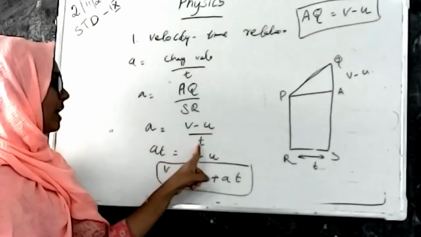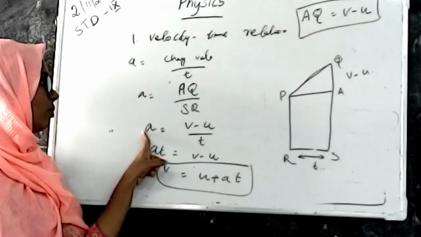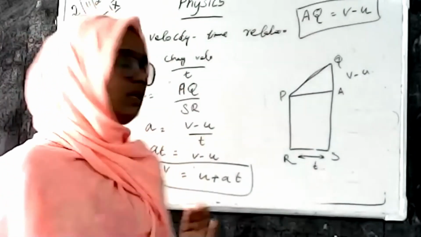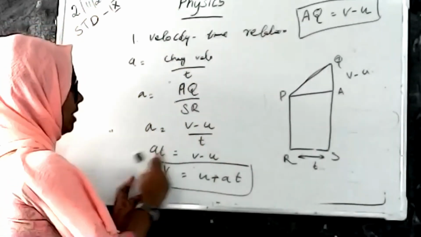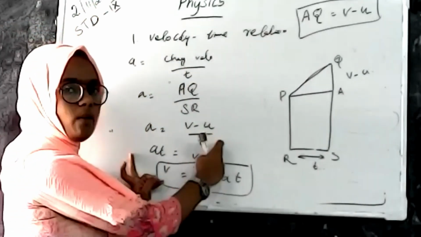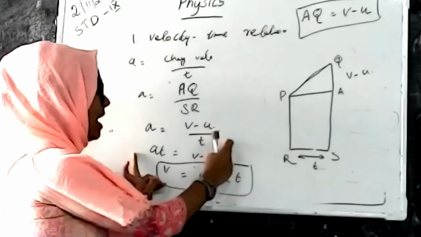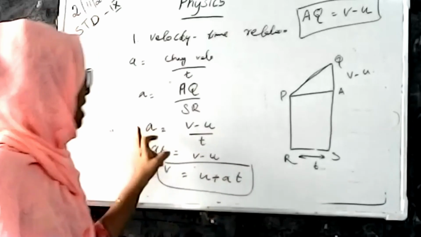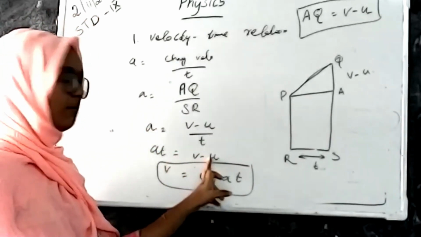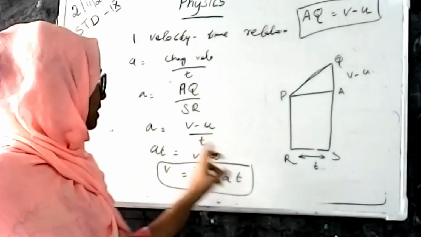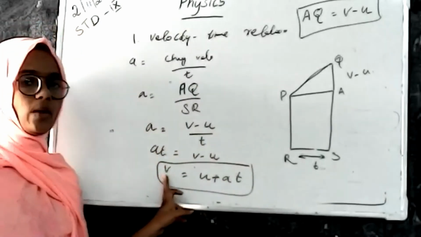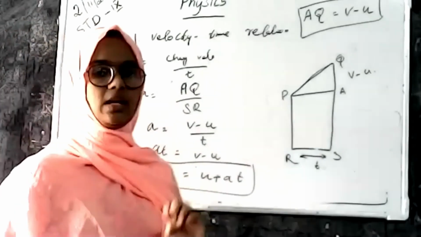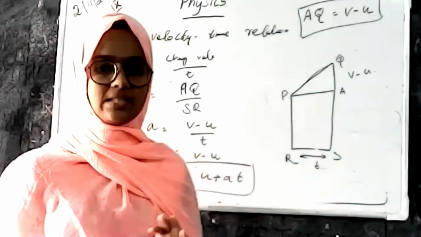From here we take the T to the right side of the equation, and we get A into T, because T is in the denominator in division form, and when it comes to the right side it becomes multiplication. AT is equal to V minus U. Rearranging this equation, we get V is equal to U plus AT.